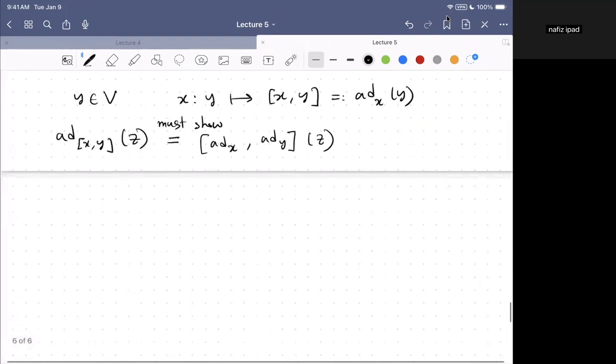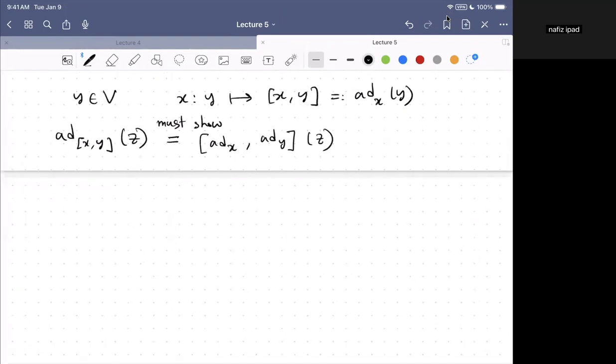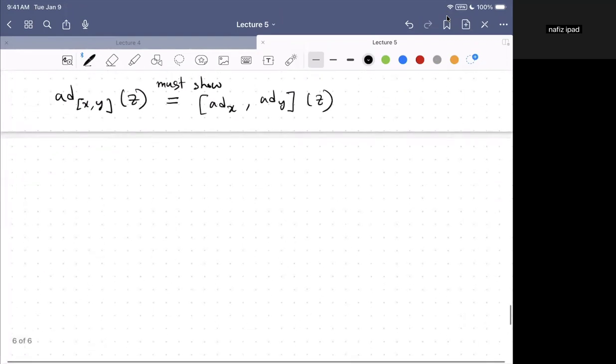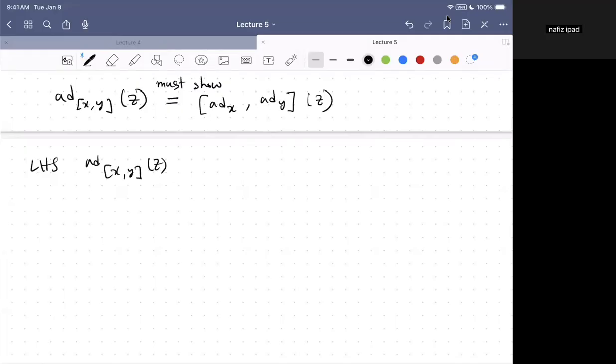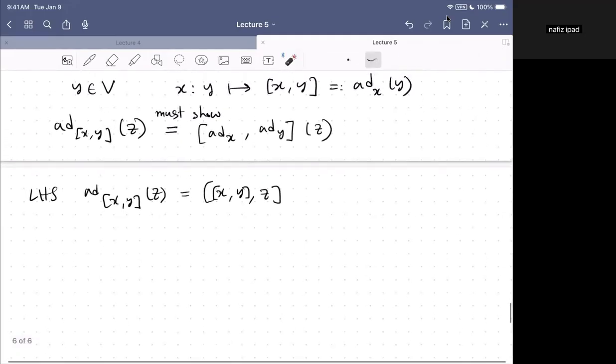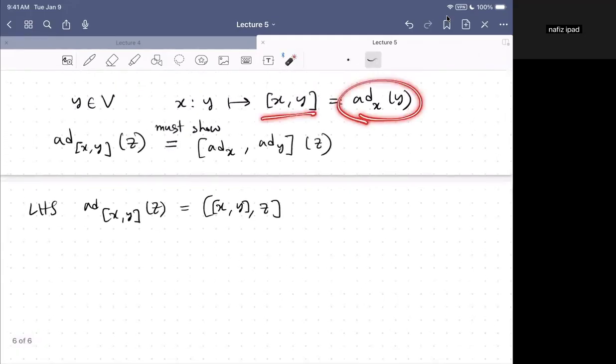Let's check. Let's start from the left-hand side. By definition, this is the bracket of the bracket of x and y with z, right? That's the definition of ad of the bracket of x and y.